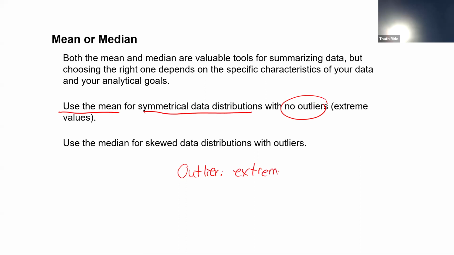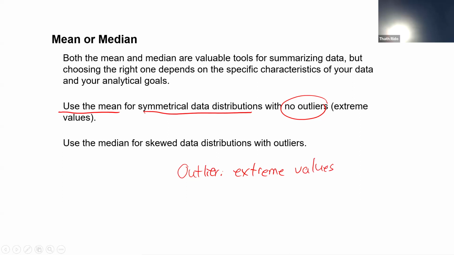Extreme value means it can be very large or very small compared to the majority of the data. So if our data set contains no outlier, you should use the mean as a measure of the center or the central tendency.